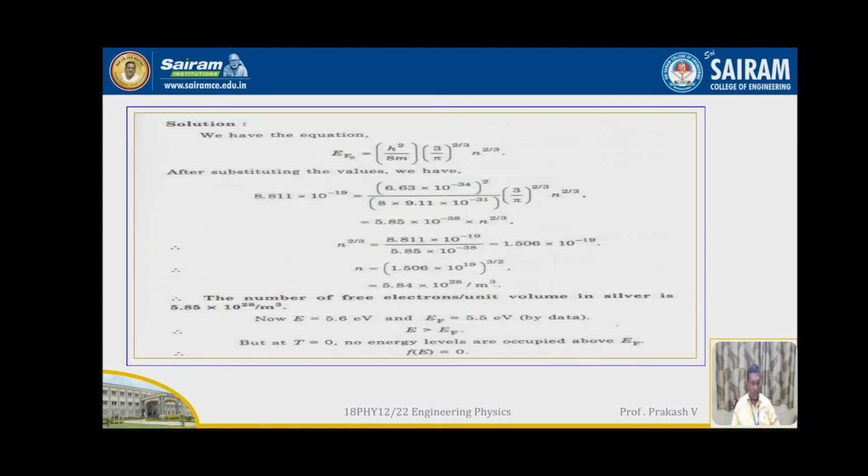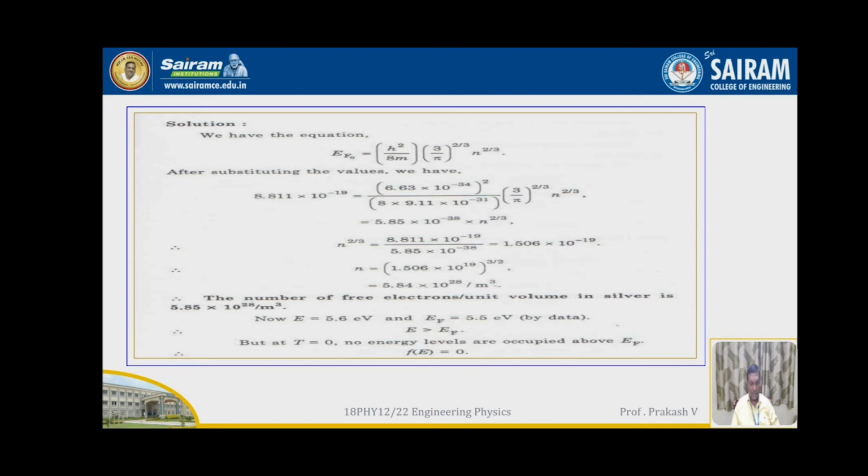Now the solution part: we have the equation EF0 equal to h squared by 8m into (3 by pi) to the power of 2 by 3 into n to the power of 2 by 3. Once we substitute all the given values, we get EF0 equal to 5.85 into 10 to the power of minus 38 into n to the power of 2 by 3.